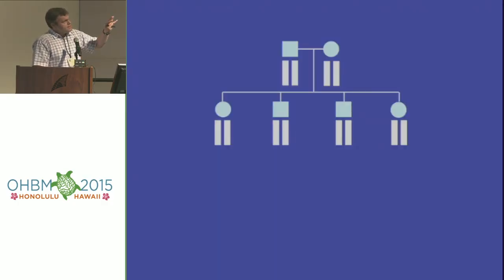Now, let's look at this across generations. So this is a pedigree here with father and mother and 4 kids. And if we look at, let's say, chromosome 1, we can color these chromosomes because they all have different sets, combinations of SNP alleles, for example.